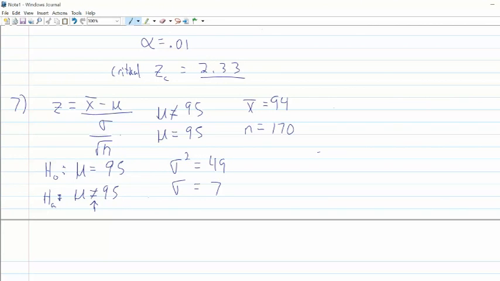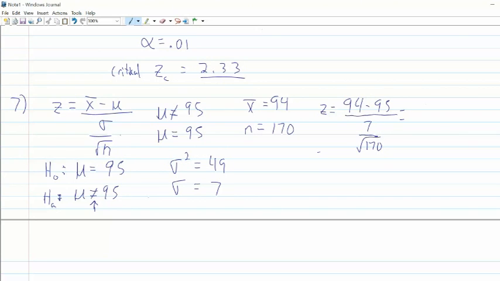All right, so to find our test statistic, we're going to have z equals 94 minus 95. That's X bar minus mu, the claim, over sigma, that's 7, over the square root of 170.